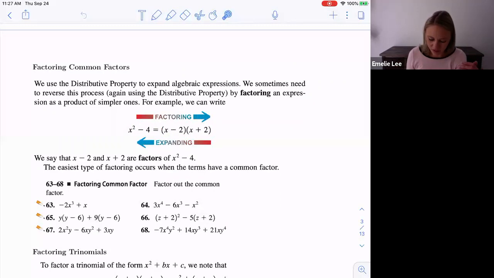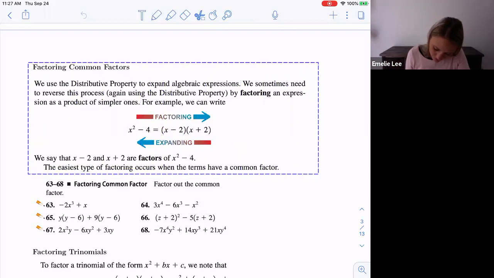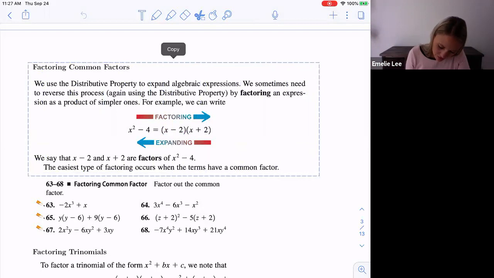And then if you're expanding, then you're expanding these brackets and you're getting rid of brackets. So in my mind, factoring is kind of when you make brackets, if that makes sense. And then expanding is when you get rid of brackets, right? You're expanding things and removing brackets. So let's see here.